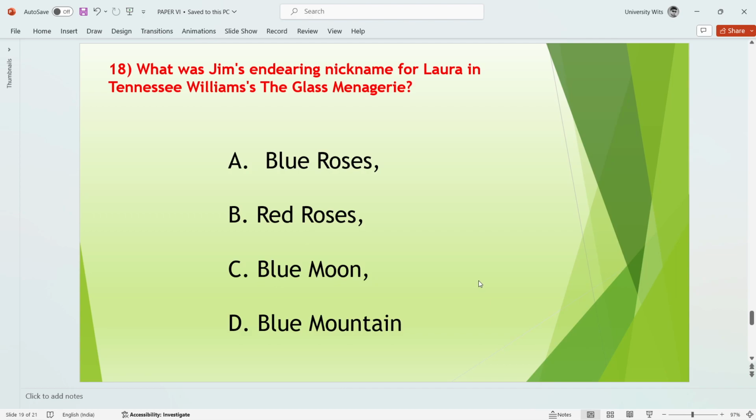Write it down, pleurosis, this is the term. This enduring nickname highlights Laura's fragility and the unusual quality that Jim finds attractive in her. So the correct answer is blue roses.